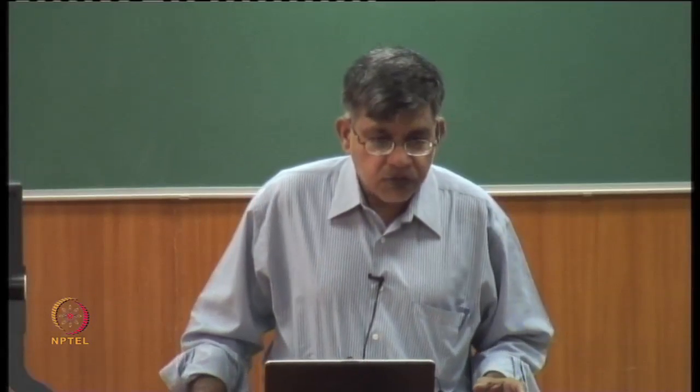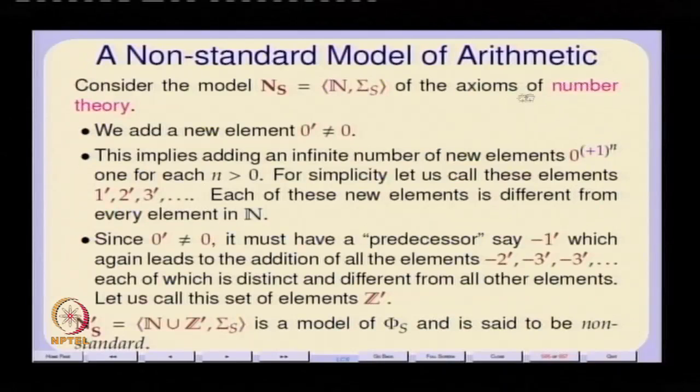So essentially in these non-standard models, what we showed is that in addition to the existing standard natural numbers, one could have whole copies of classes of integers on both sides, and they would still satisfy the same standard axioms of number theory.